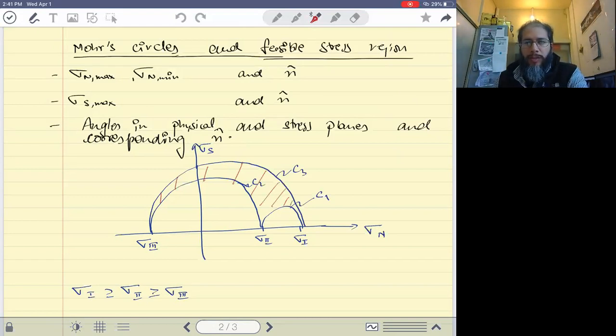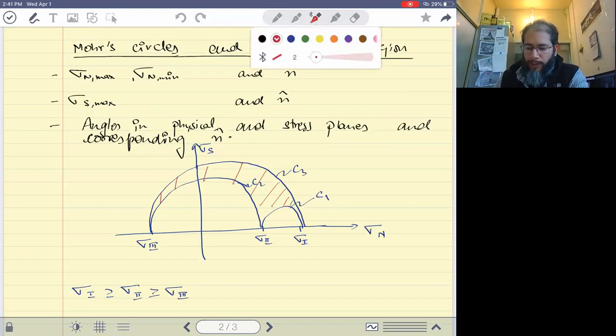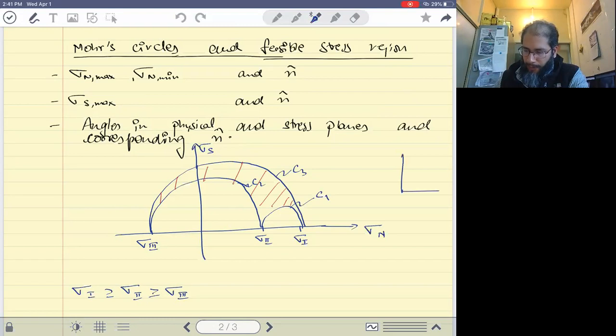So what that basically means is that if at point P in my physical space, you have the point P, and at point P you can draw a normal n hat. Now the n hat, which is a normal here, can take any direction.